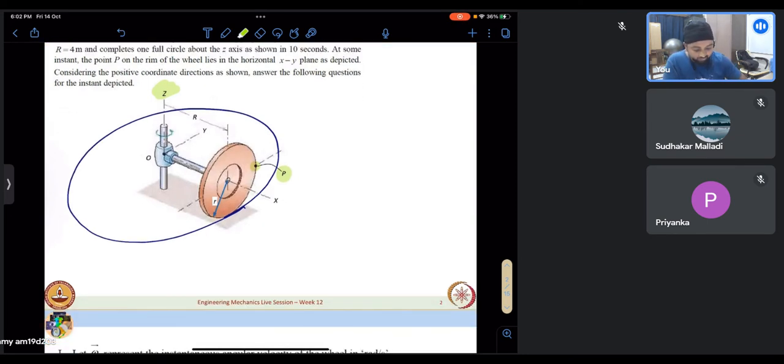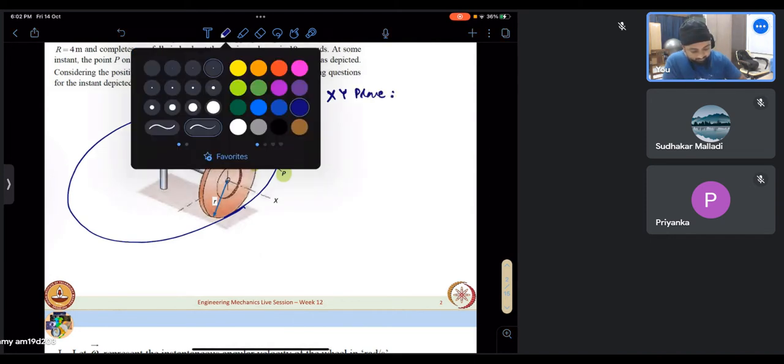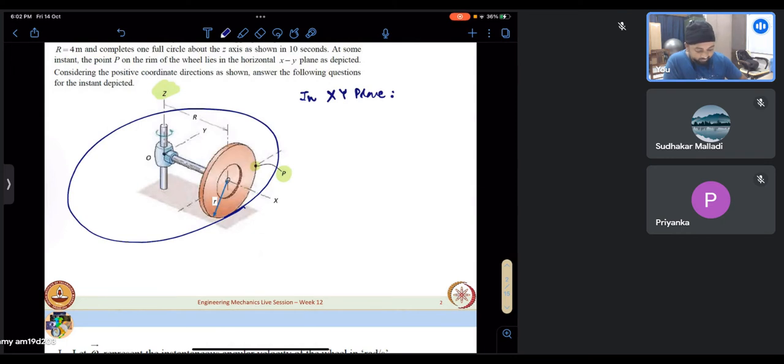So we can see that if we were to consider in the capital X, capital Y plane, let me just reduce the size. If this were to rotate a little bit, say by an amount, infinitesimal rotation of theta, we will have the distance traveled by this point of contact.